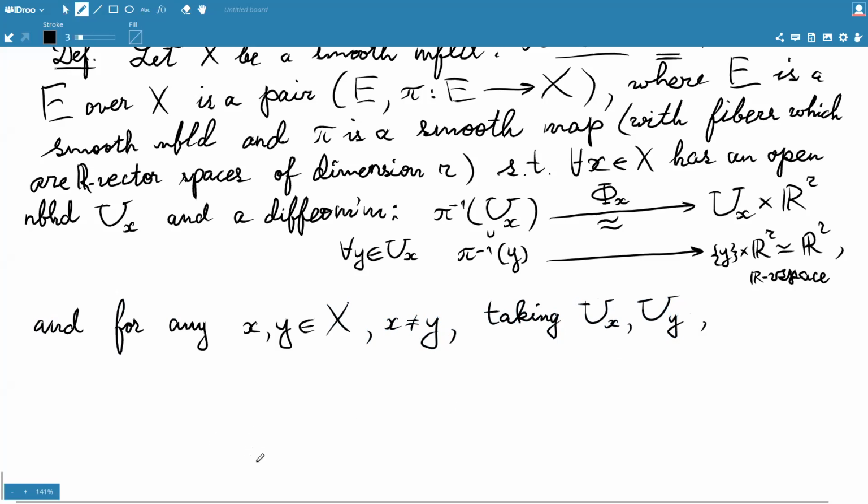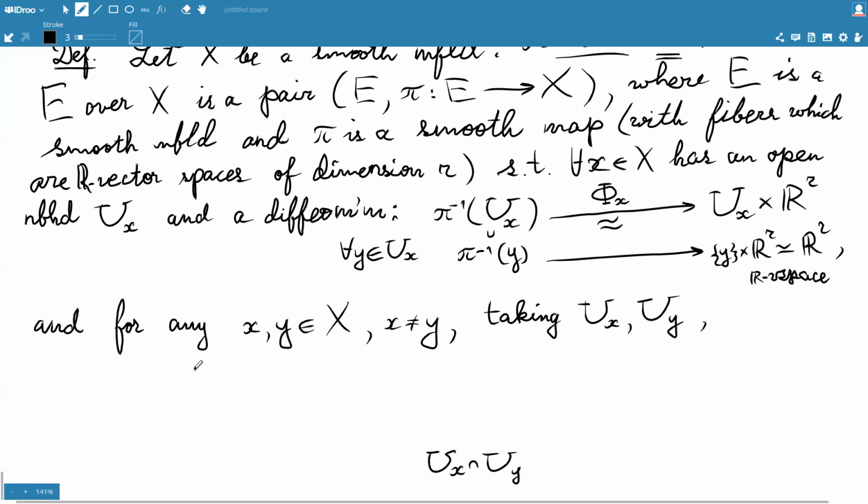And if you look at the intersection, say Ux intersection Uy, then we have two diffeomorphisms, phi x, respectively phi y, restricted onto the preimage of this intersection.